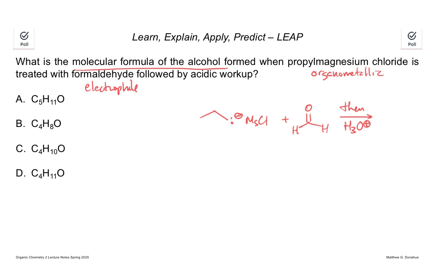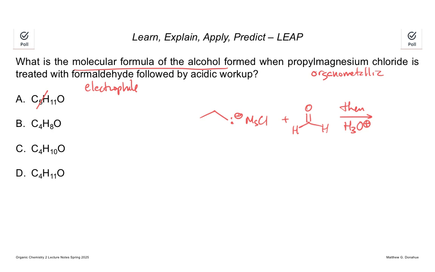How many total carbons should the product have? 4? So that would eliminate A. How many total hydrogens should it have? So I'll give you a clue.